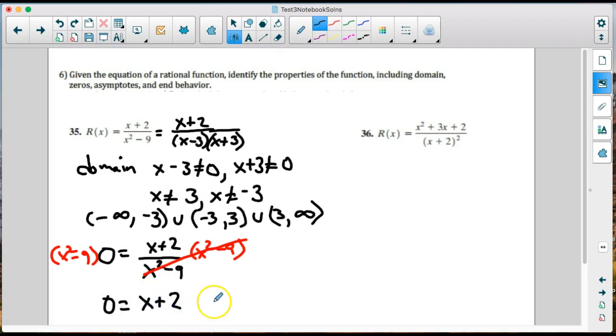So x plus 2 equals 0, so x is going to be negative 2. That's going to be a 0 of this function. So negative 2 comma 0 is the 0 of this function. This is your domain.